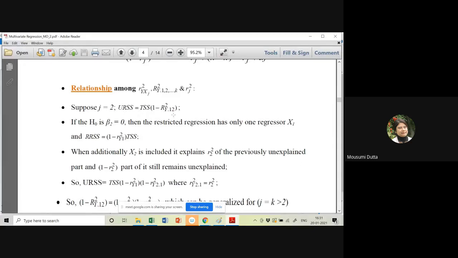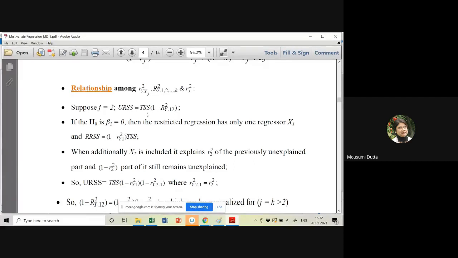URSS is equal to TSS into 1 minus r square y dot 1, 2. Now I am putting a restriction, beta 2 is equal to 0. Then the restricted regression has only one regressor x1, and we are getting RSS out of that, and that RSS is given by 1 minus r square y1 into TSS.